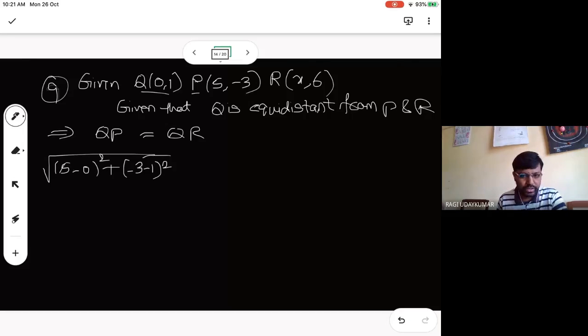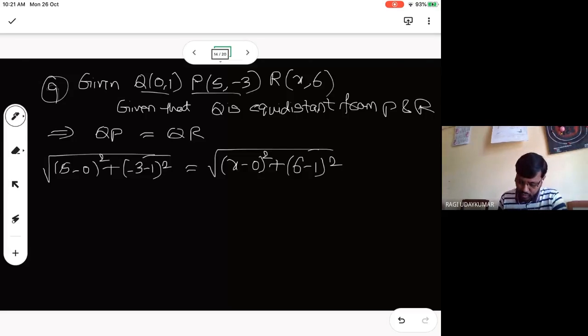Considering these two points as (x1, y1) and (x2, y2), this equals under root of (x minus 0) whole square plus (6 minus 1) whole square. Squaring on both sides, the square roots get cancelled.